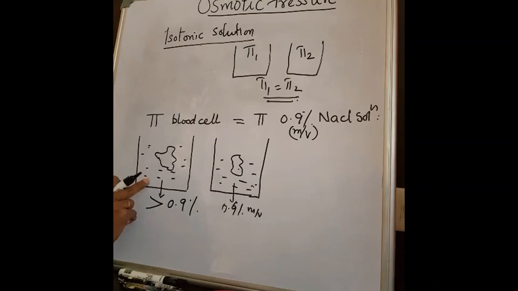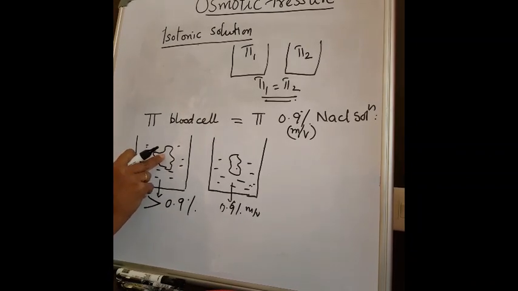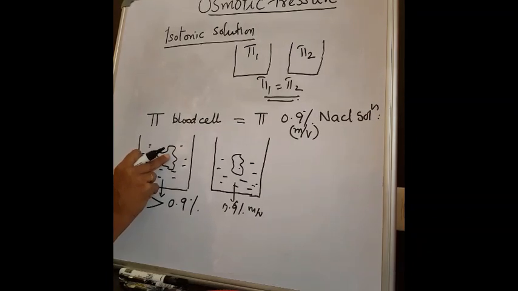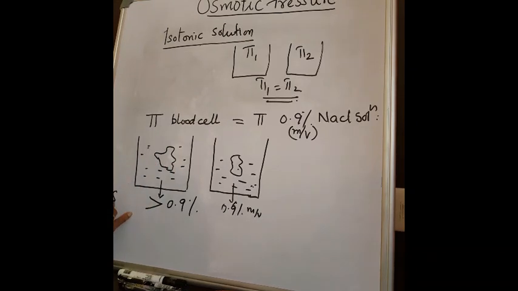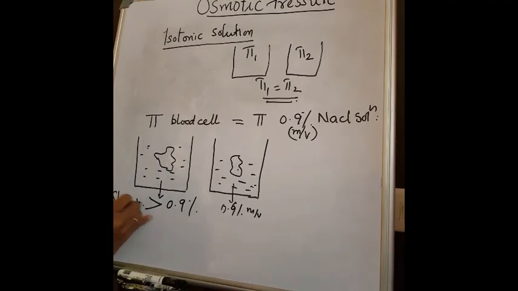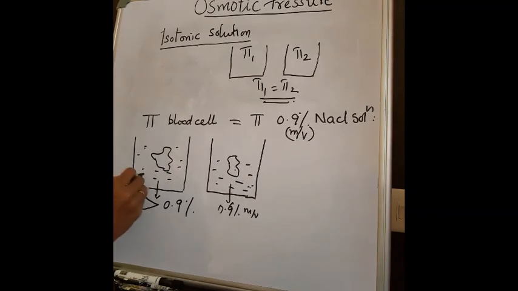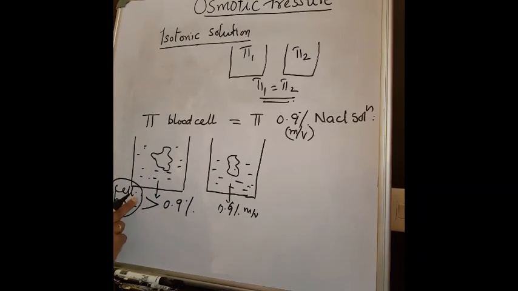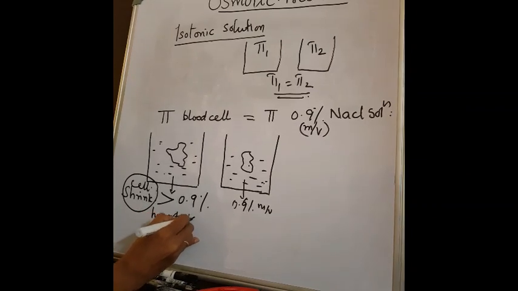Now, here the concentration of NaCl is high. So, what will happen? The water molecules from the cell come out of the cell, making the cell shrink. That is happening. So, the cell will shrink. And such a solution where the concentration is greater is called a hypertonic solution.